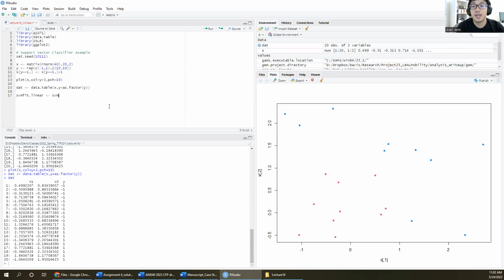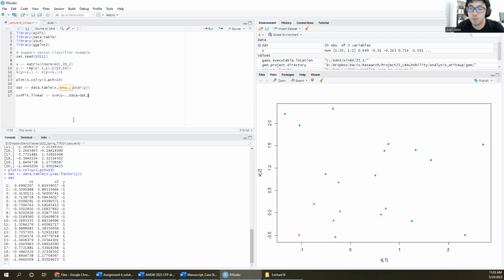Importantly here, the support vector classifier is just a subset type of SVM. So the syntax is pretty much analogous to the types of things that we've seen so far.